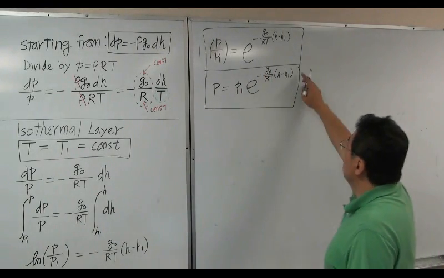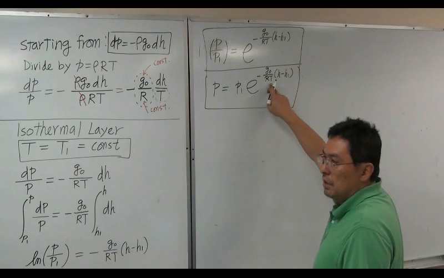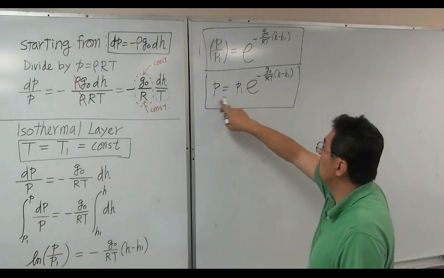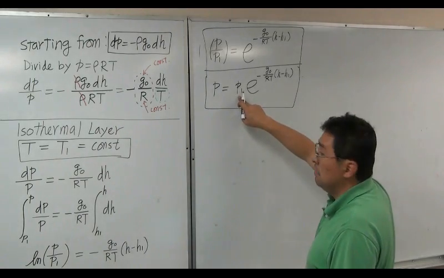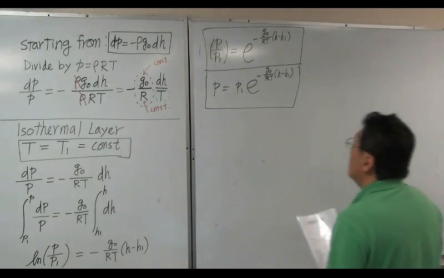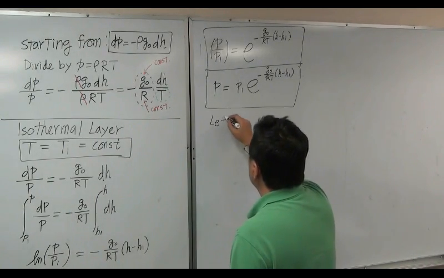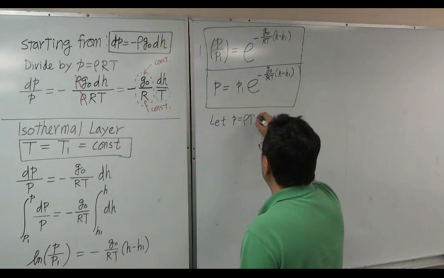So you can use this equation, knowing that the temperature is constant, to determine the pressure at the given altitude h within the isothermal layer using the base value, which is a known value. We can do the same thing with P equal to rho RT.